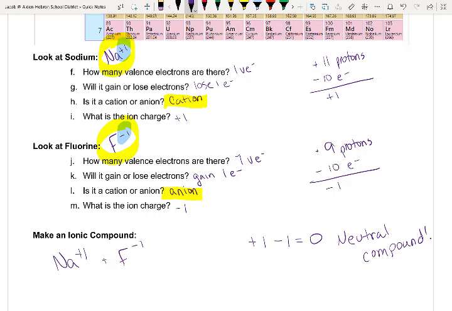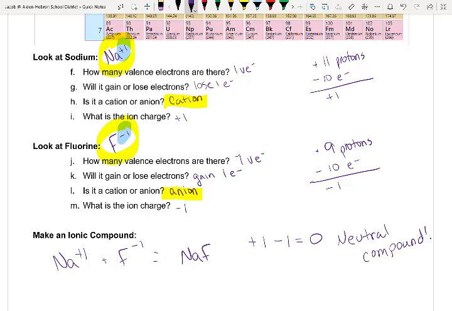It means it's going to be happy. That's exactly where it wants to be again. So here, each of these atoms can now be completely stable with their outermost shells being where they want to be, and they're still going to be able to be neutral because they're going to bond together. So how you would write this then is just going to be NaF.